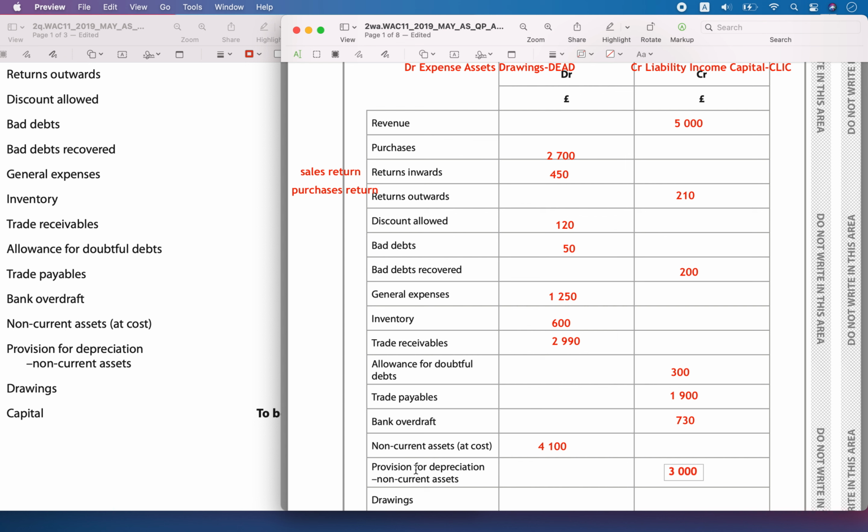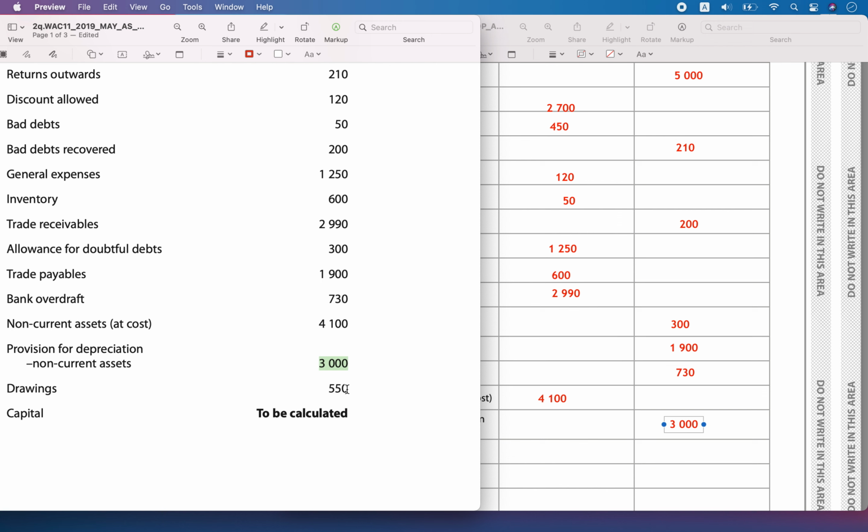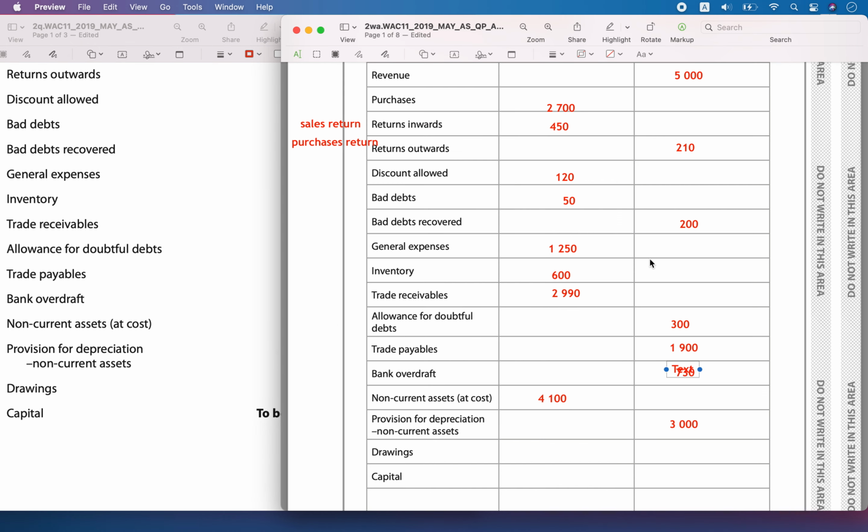Here, provision for non-current assets depreciation, you are going to less from the cost of assets, so you are going to put it on the opposite side. Then drawings appear on the debit side, so 550 drawings is going to appear on the debit side.